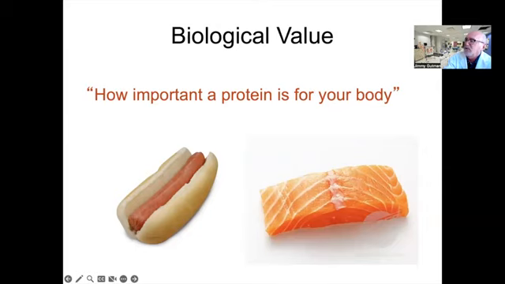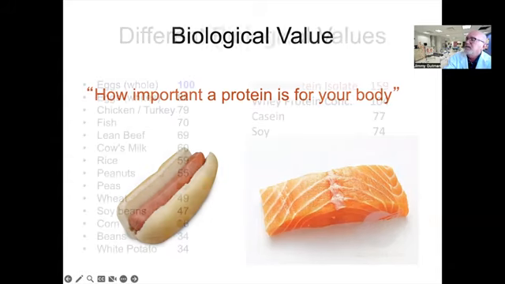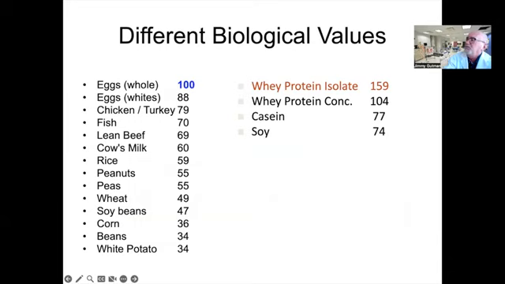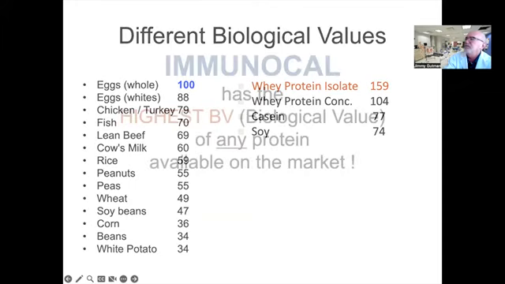Eating a hot dog will not provide you with the same value as eating a nice piece of fresh salmon. And these biological values can be quantified. Here we see a list of different BVs from different protein sources, and we see that whey protein isolates have absolutely the highest biological value.